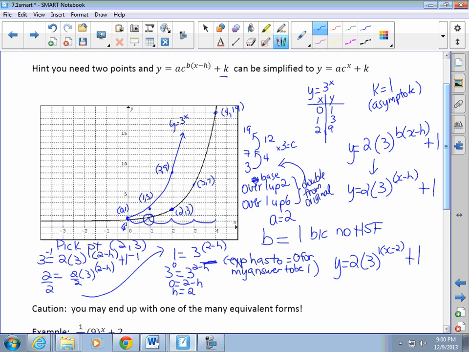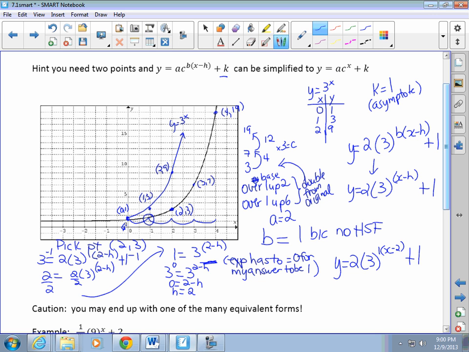But I did find that I had an exact point when x was 2, when x was 3, and when x was 4. Then you write down what those points are, and if it's going 1, 2, 3, 4, then I know my b value is a 1 because I haven't stretched that at all. Then you can take a look at your compressions, or what is your c value for this?